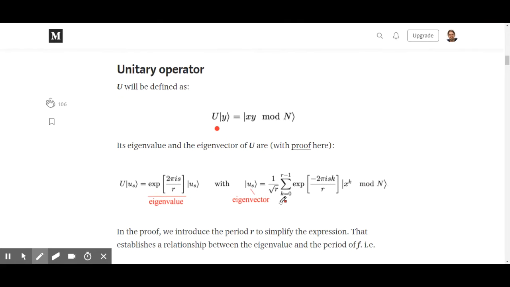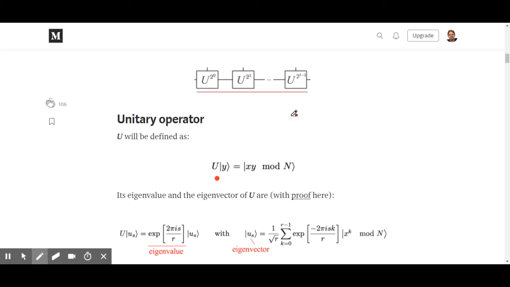So let me just take that slowly, step by step. Here we define x times y mod n. That's how you should define u times y.